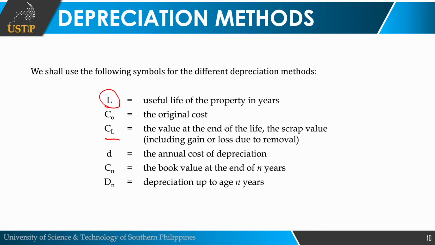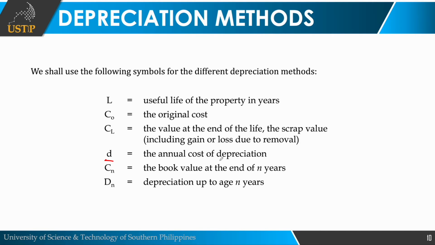Okay? We have the small letter D. This is the annual cost of depreciation. If you recall the normalized car depreciation in our first slide, we had an example graph where the value of your car decreases.